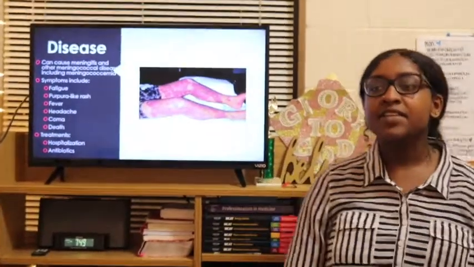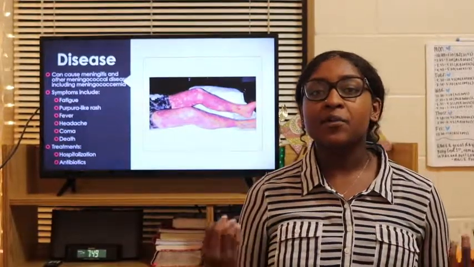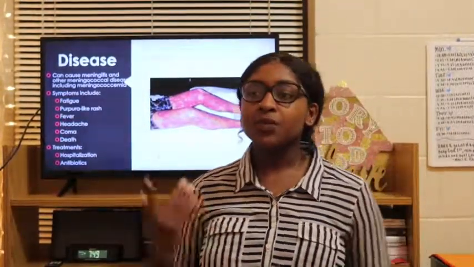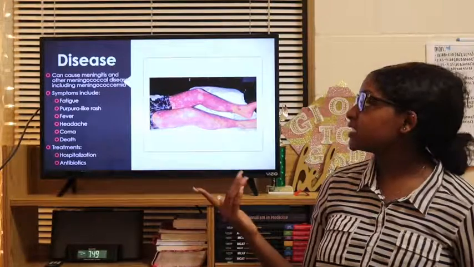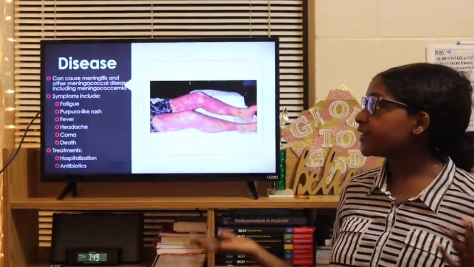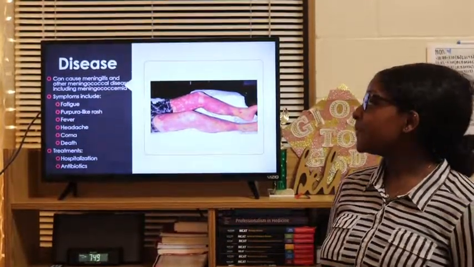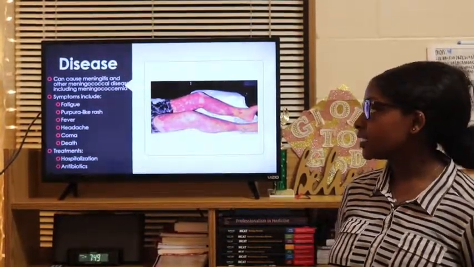Disease. This talks about the different diseases that can arise from N. meningitidis. So one of the most common diseases that can arise is meningitis. And it can also cause other meningococcal diseases, including the life-threatening meningococcemia.